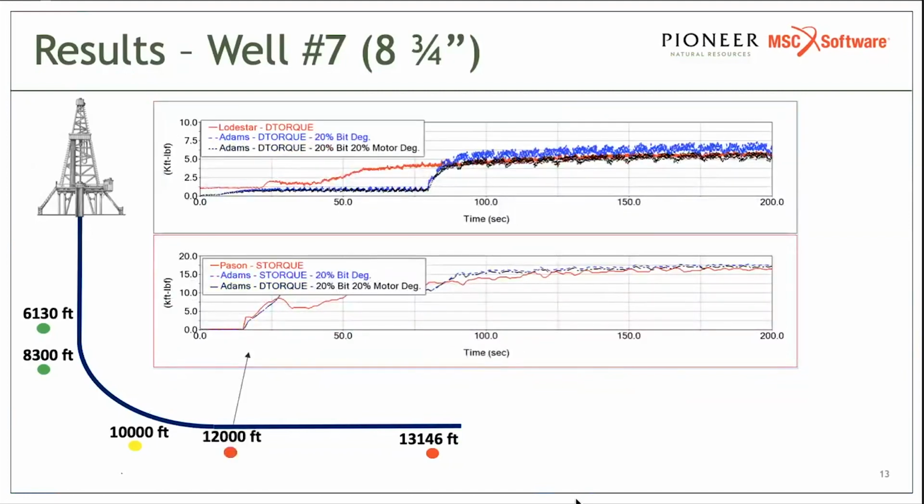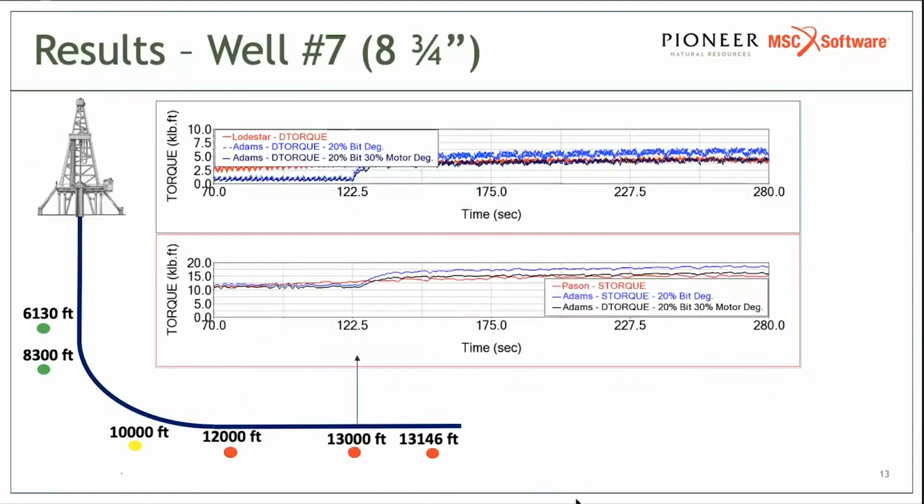When we come to 12,000 feet, in this case, again, using only 20% of bit degradation is not enough to explain the data. Therefore, using Adams, we also introduce motor degradation. You can see again, the black line is matching the red line better. This is an example where Adams is warning us that some motor degradation is starting to happen. It's actually more than 1,000 feet before the failure happens.